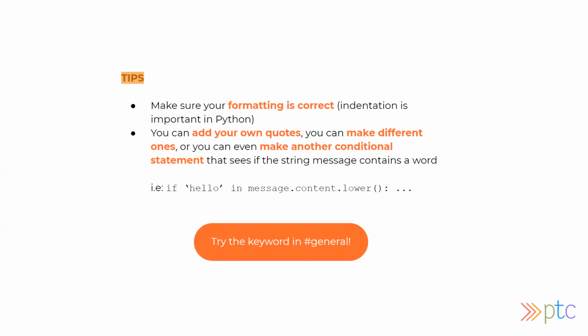Now run your new code to test it out by stopping it from running from the previous time and run it again. The new updates don't get registered until you rerun or recompile. Try the keyword in the general channel and see if the bot responds. Ask for help in the chat if you have any questions.